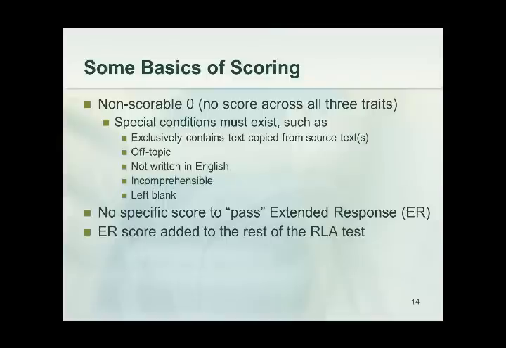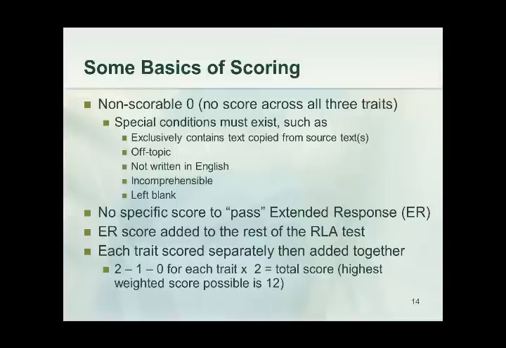However, it is really important to note that the highest weighted score possible on Extended Response is 12 points. That's about 20% of the test, so it's an important item, not only for this test, but because we want to be able to say our students can write well, both in the real world situations they experience daily, as well as when they head into post-secondary education.